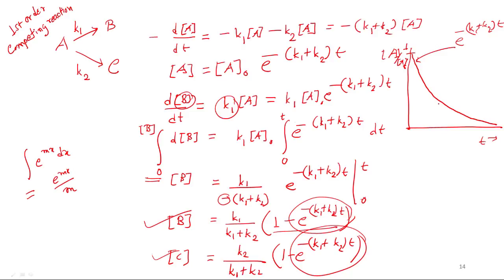Let me draw the A curve once again. It will be much steeper. It decays much earlier, and A gets converted into B, and A also gets converted into C.